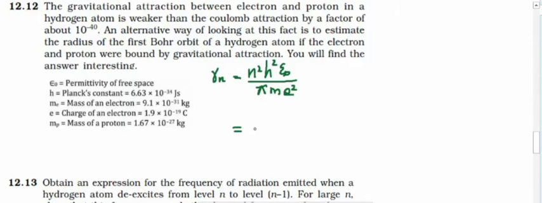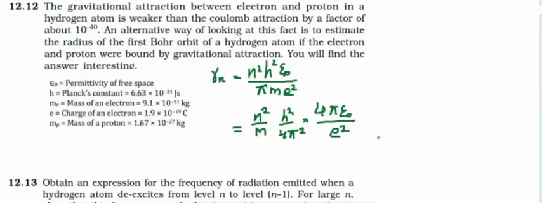You can write the equation like this: Rn is equal to n square by m into h square divided by 4 pi square into 4 pi epsilon naught divided by e square.